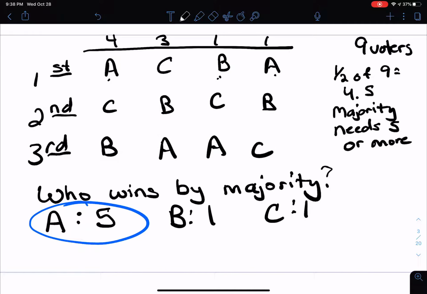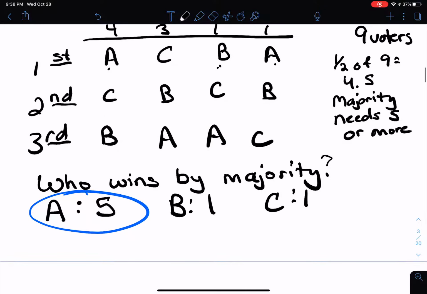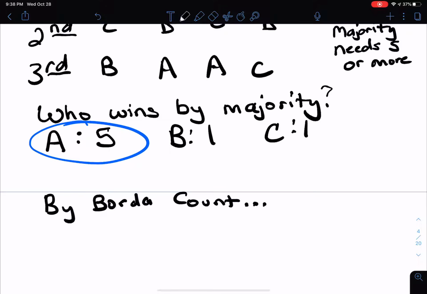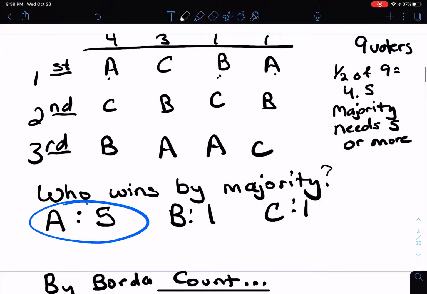Now, what if we took the same one and did the Borda count method? Okay, so the Borda count method, remember, awards points based on how many first place votes, how many second place votes, how many third place votes.